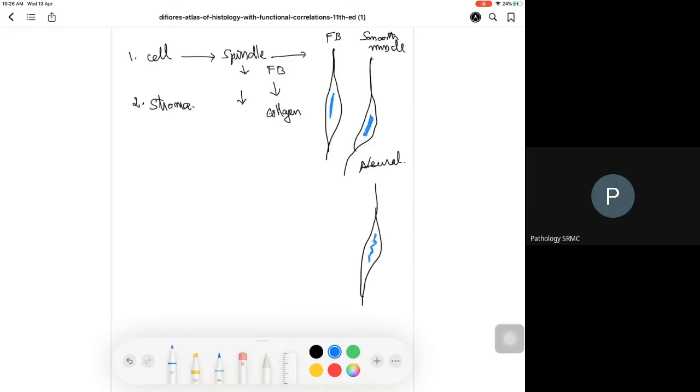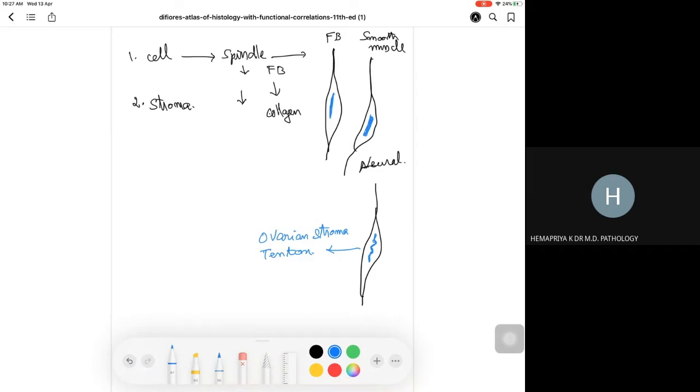There are two more cells that have a wavy nucleus: one is ovarian stroma, and the other is tendon. So there are three connective tissue cells that will have a wavy nucleus: neural, ovarian stroma, and tendon.